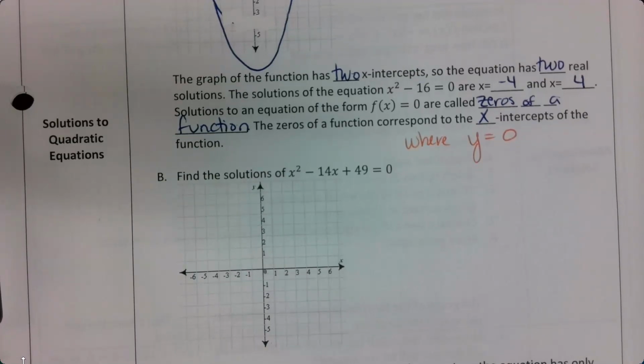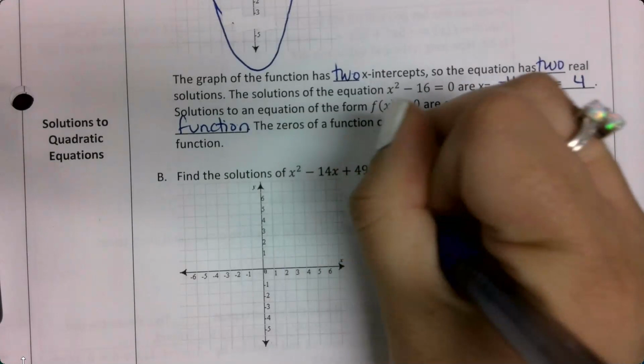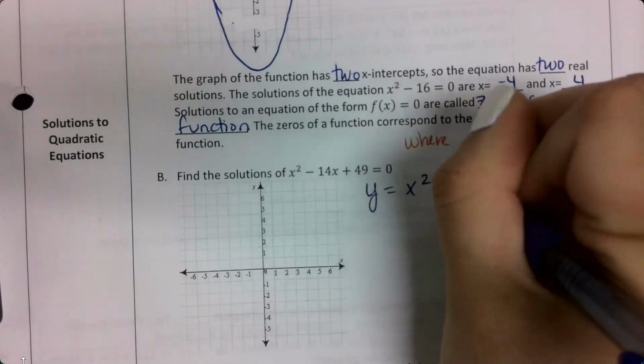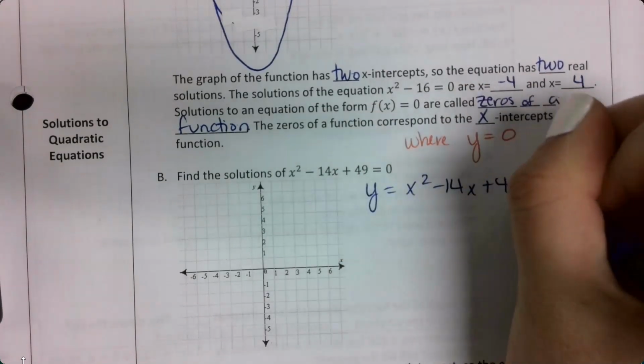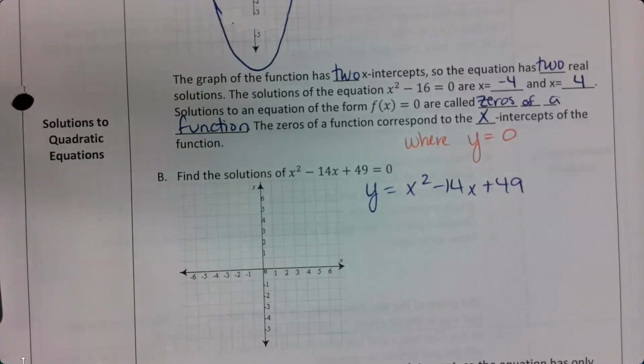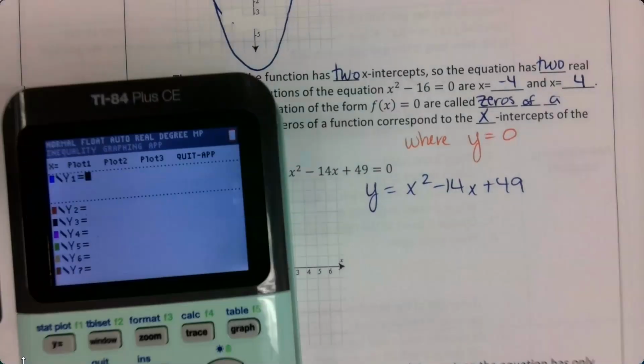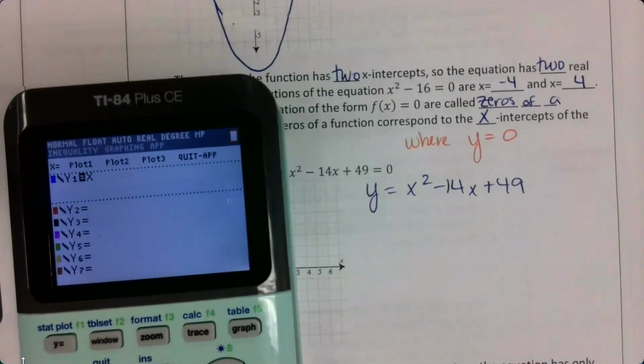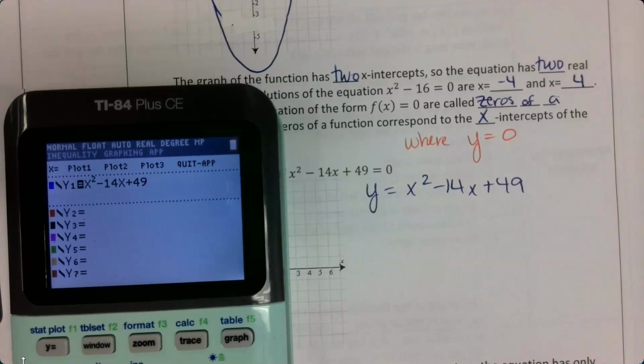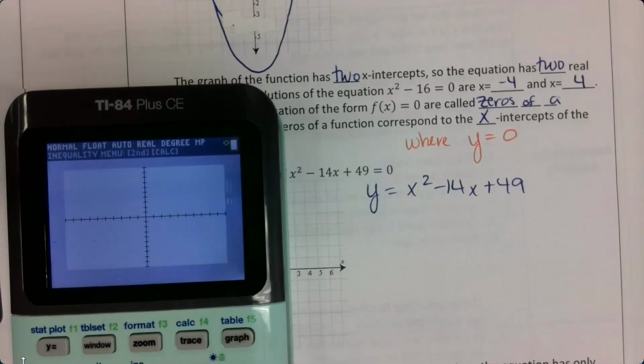Okay, so B wants me to find the solutions of this equation as well. So I'm going to write y equals x squared minus 14x plus 49. And then I'm going to go ahead and type this on my calculator on the y equals. And then I press graph.